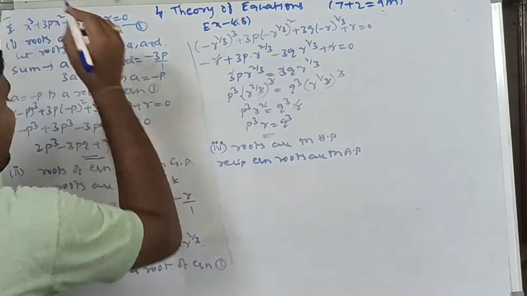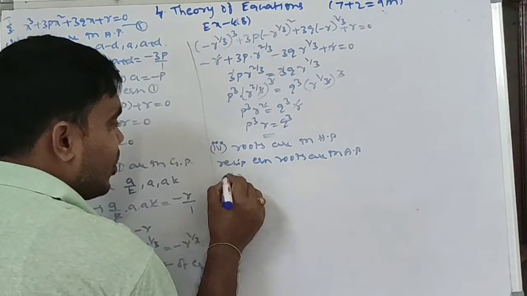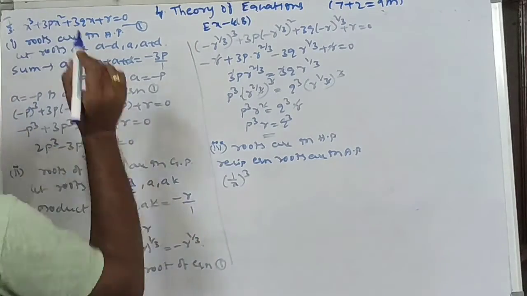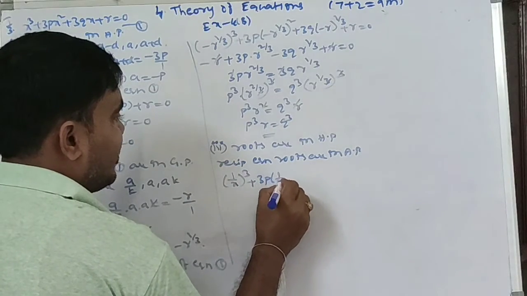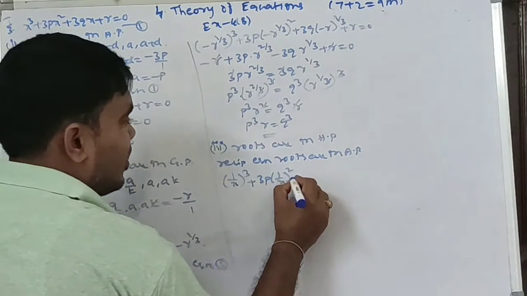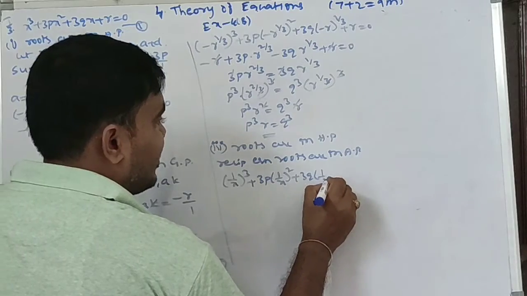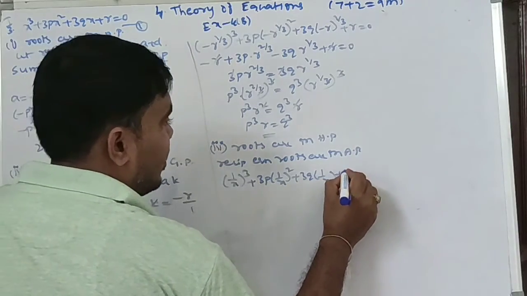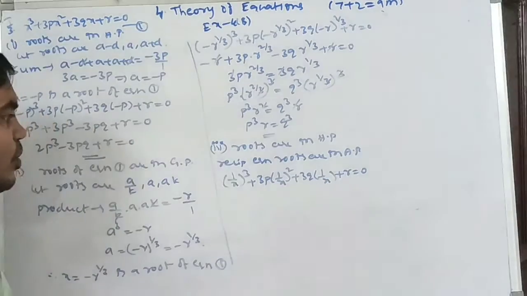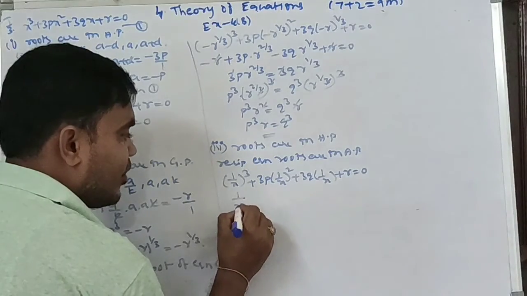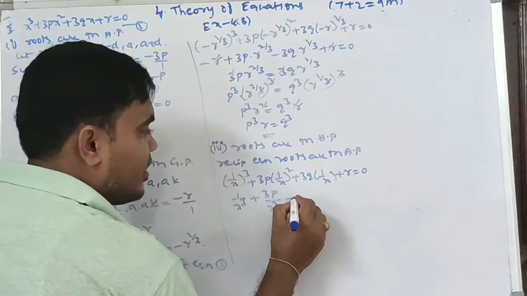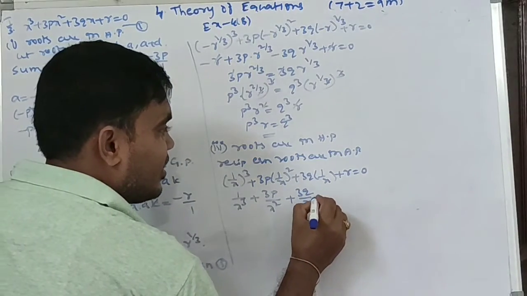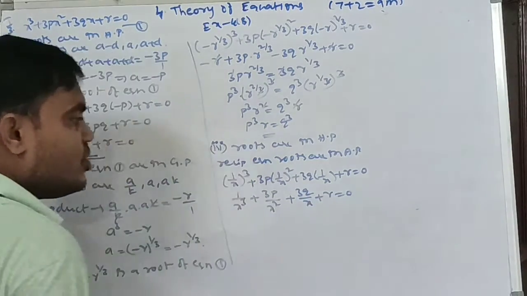So in the equation, instead of x I want to write 1/x: (1/x)³ + 3p(1/x)² + 3q(1/x) + r equal to 0. Now 1/x³ + 3p/x² + 3q/x + r equal to 0.